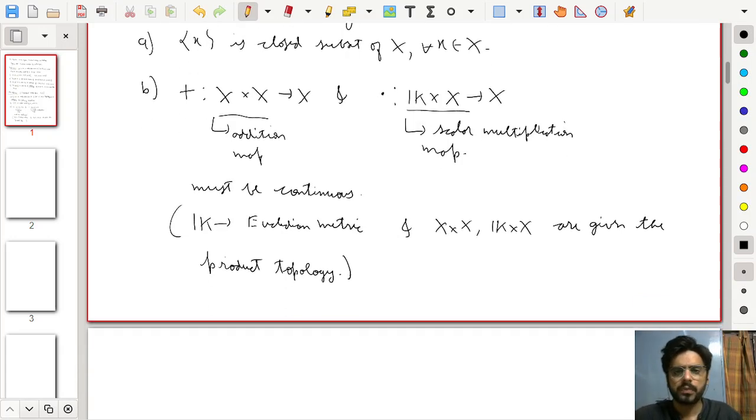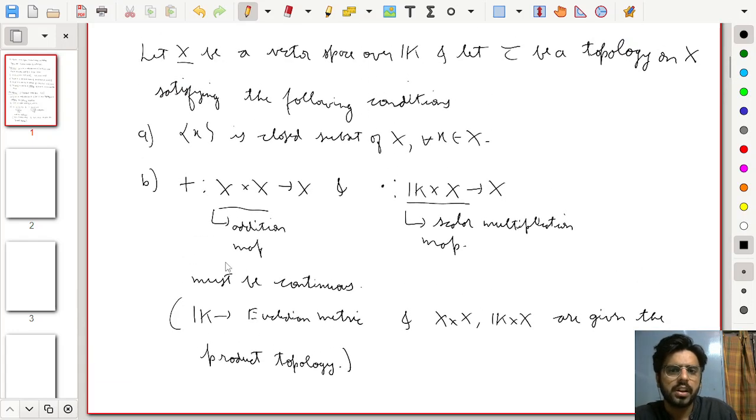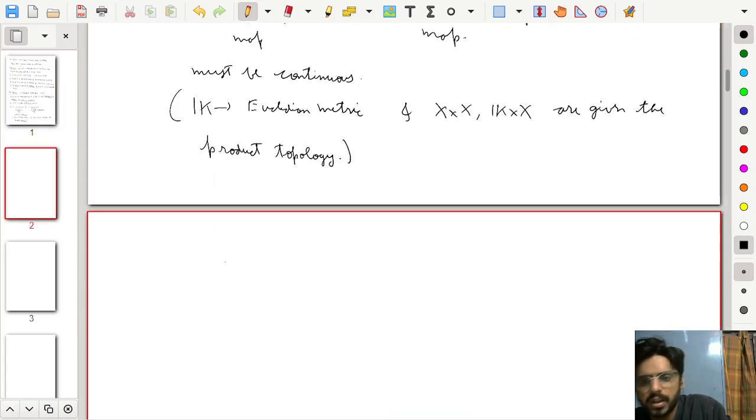Okay, so we are considering X cross X with the product topology, K cross X with the product topology, and if this map plus and the scalar multiplication map are continuous along with singletons being closed, then X with tau is said to be a topological vector space.